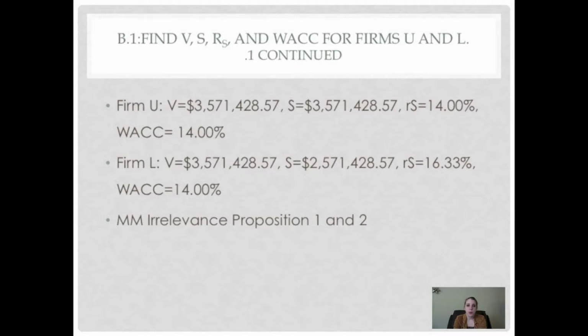And then for firm L, their total equity is $2,571,428.57, and their cost of equity is 16.33%, and their WACC is 14%. Just note that their equity is in the $2 million range because they have $1 million worth of debt, and that's what contributes to them having a different equity ratio than firm U.